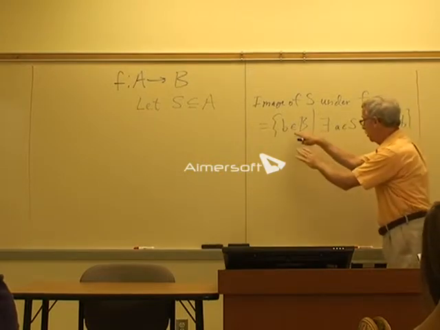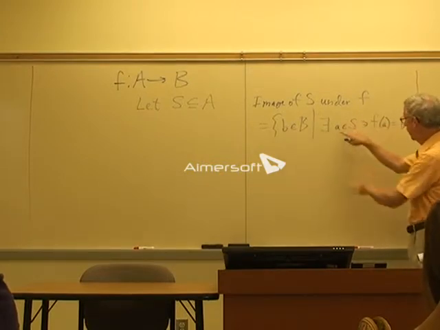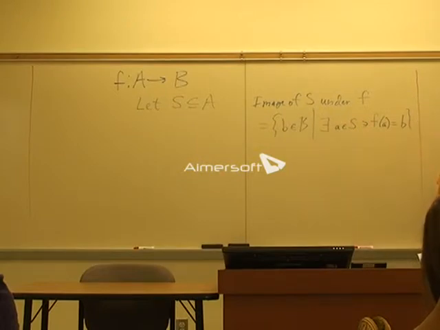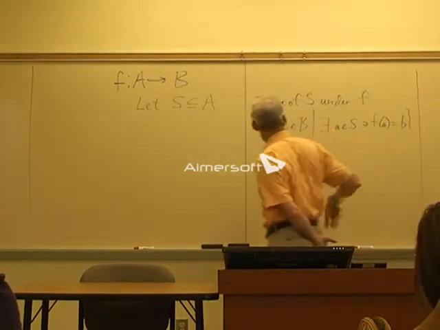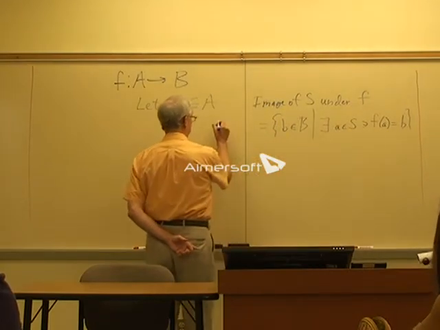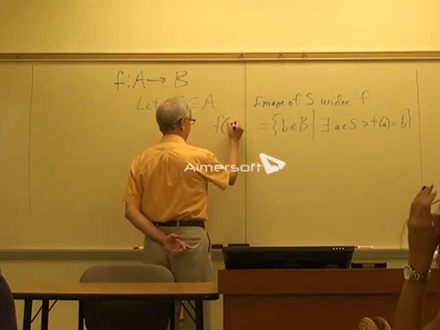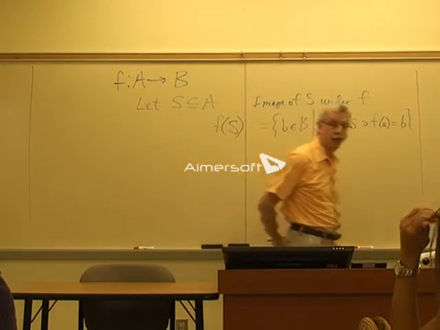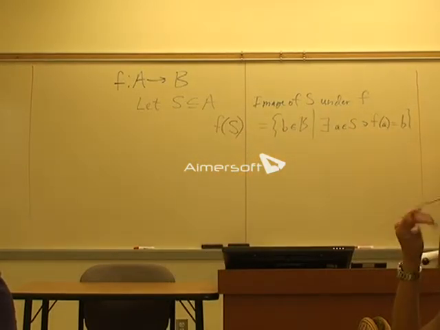It's all the elements in B that I can get to using only elements in S, the subset, as my source. And this has a nice shorthand notation. We write it simply as f of S. So when I apply a function to a set, that's what I mean. It's the set of all the answers I get.